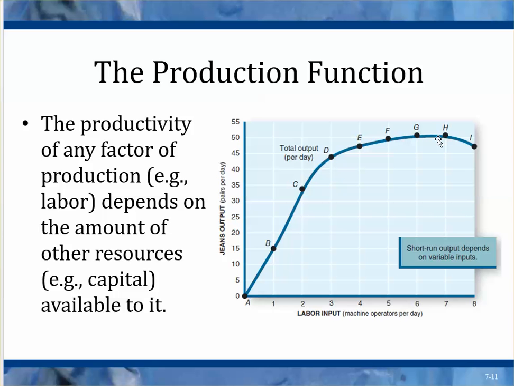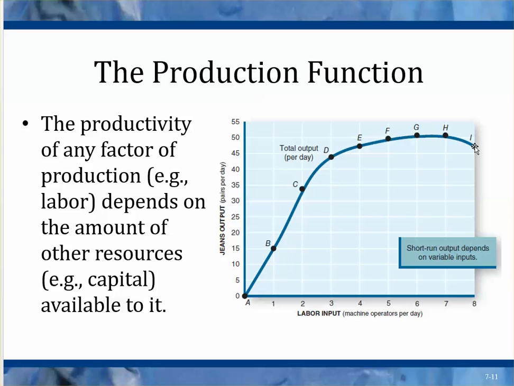Instead of increasing the production, it will decrease the production. That's why we can see if we increase labor from 6 to 7, the production will decrease, and if we keep increasing to 8, the production will reduce to point I.